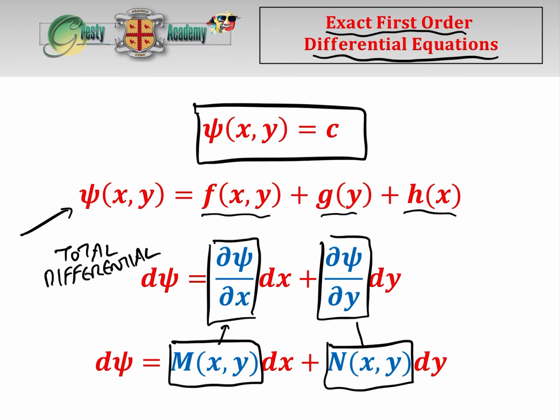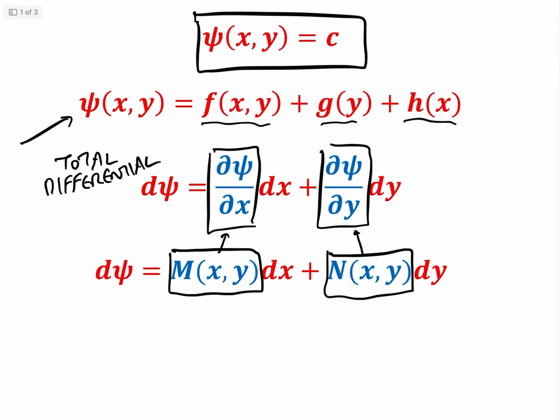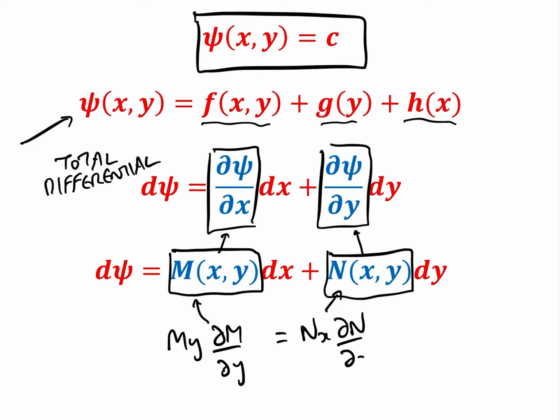Now, when we test for an exact equation, we differentiate M partially with respect to y, which is dM dy, and we check to make sure that it's equal to the partial differentiation of N with respect to x, which is dN dx.